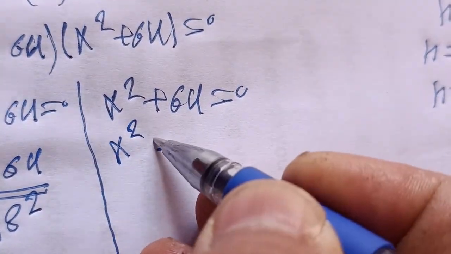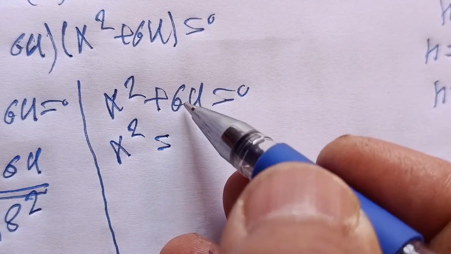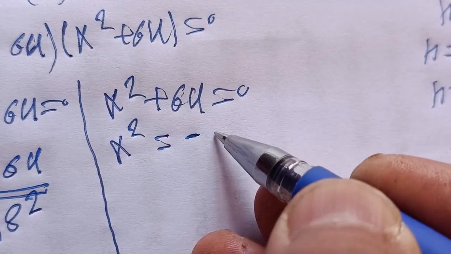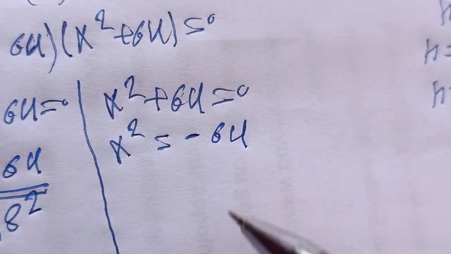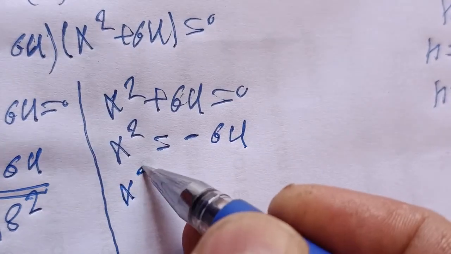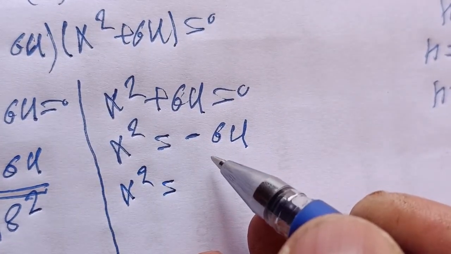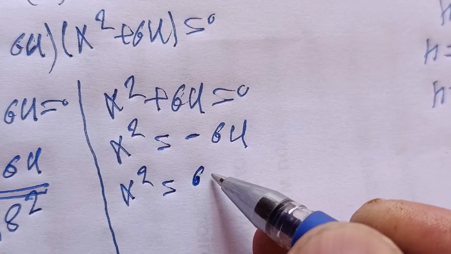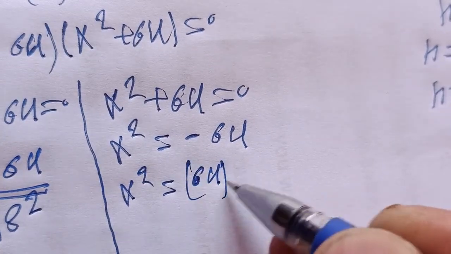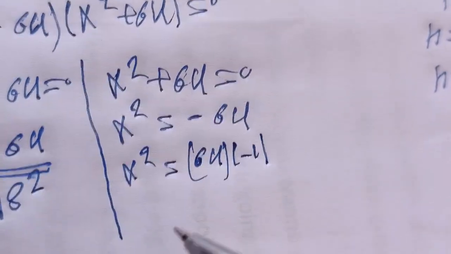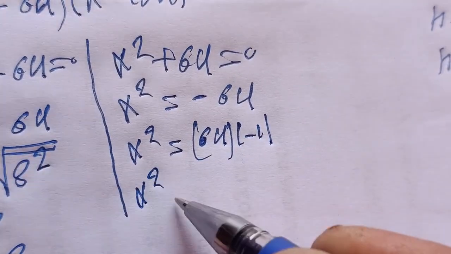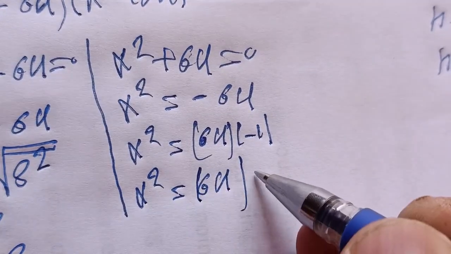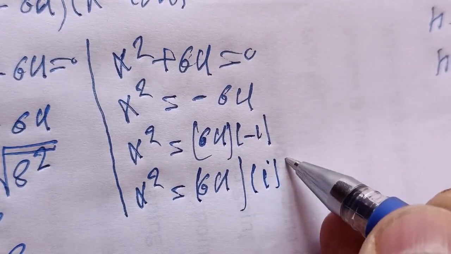And so, x squared plus 64 equals 0. Move 64 to the other side of the equation, its sign changes. X squared equals negative 64, which can be written as 64 times negative 1. X squared equals 64 times negative 1, and negative 1 equals i squared.